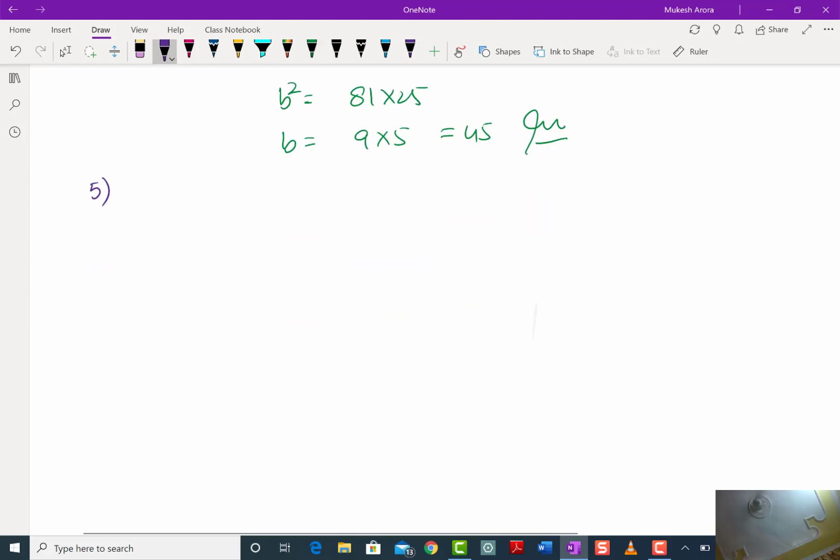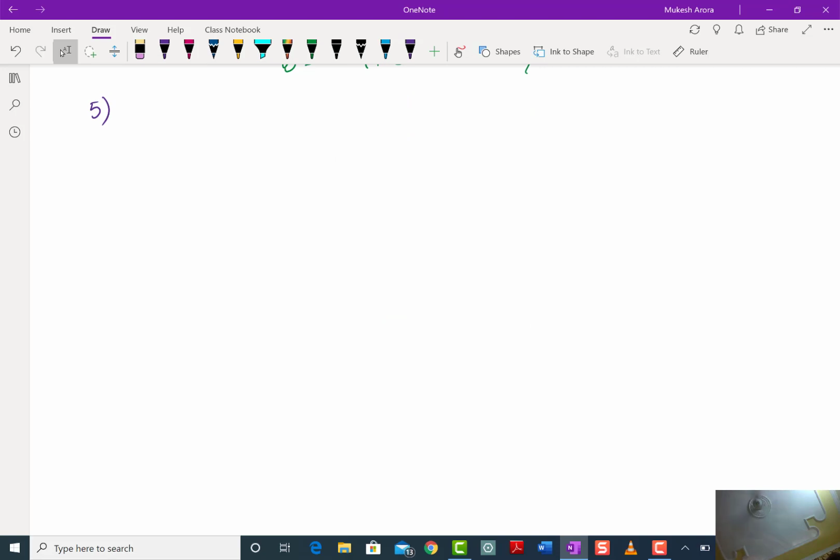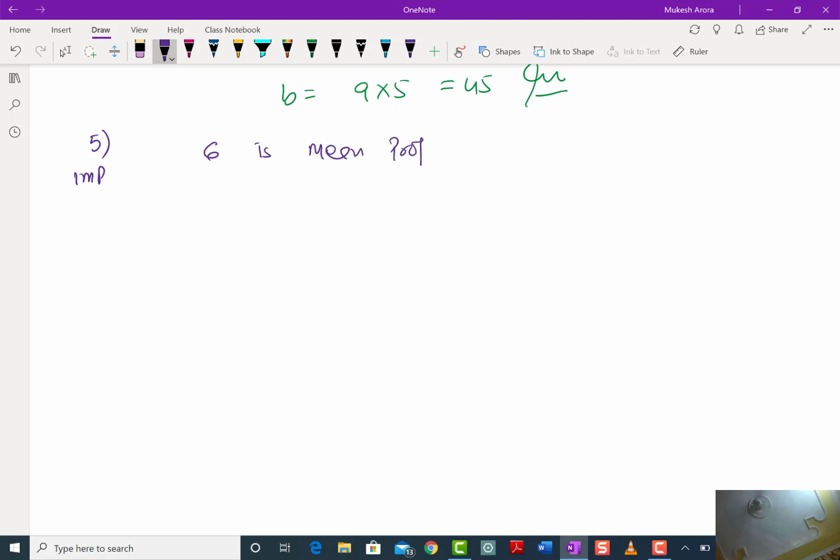Fifth: if 6 is the mean proportion between x and y, this is important, and 48 is the third number, find x and y.